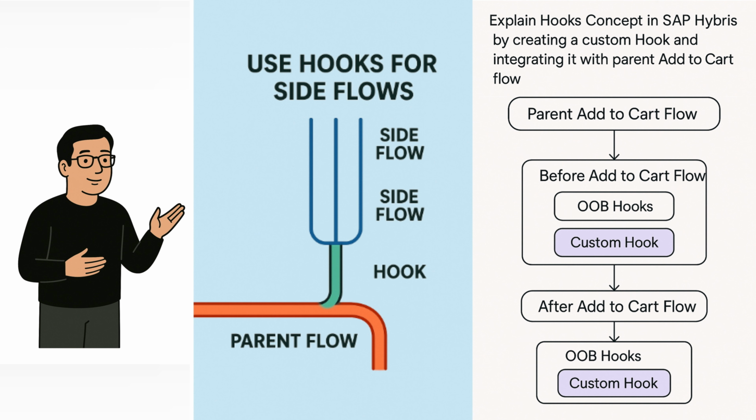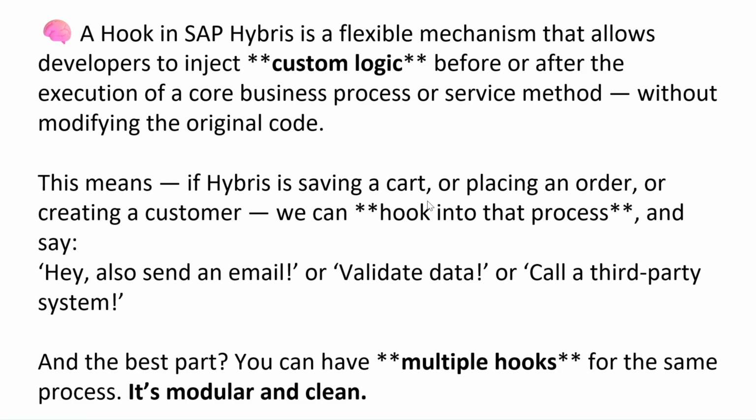Similarly, tomorrow if you want to send an email to the owner as well, that once a product is added into the cart, if you want to send an email to someone that product has been added into the cart, for such type of logic also you can write your own custom hook, and you can plug in that custom hook into the parent flow along with other hooks that we will in fact show you as well in the later part of the video, that how you can create such type of customized hook and how you can integrate such type of customized hook along with the parent flow, right?